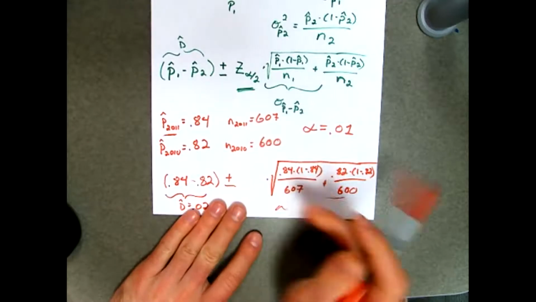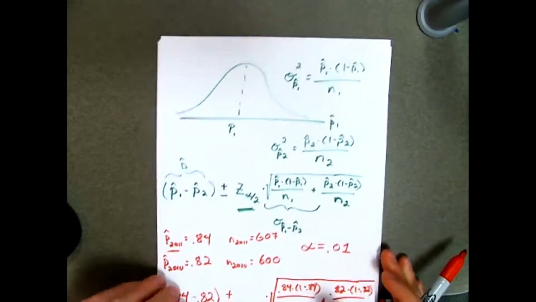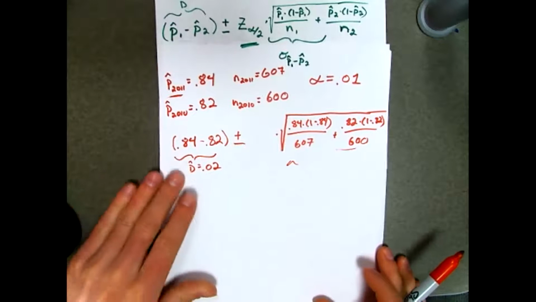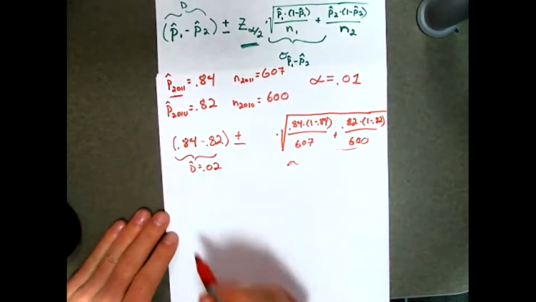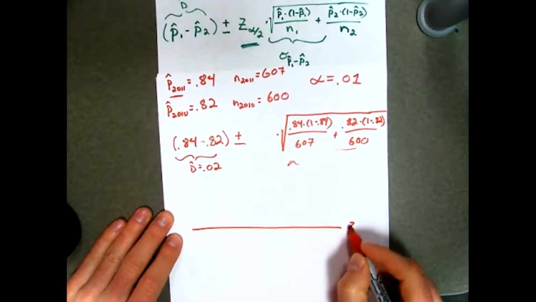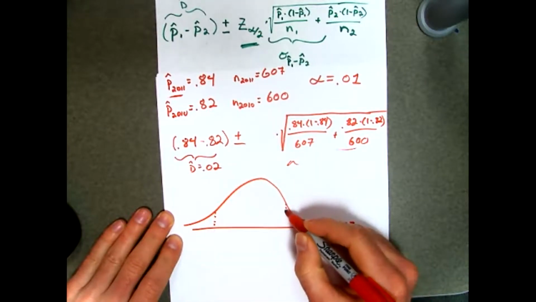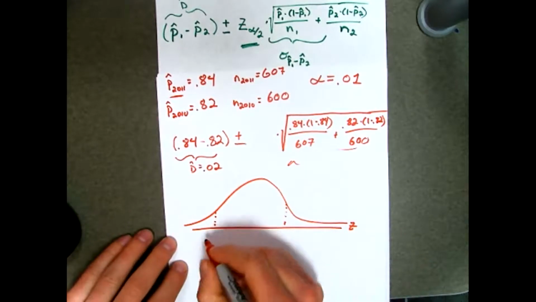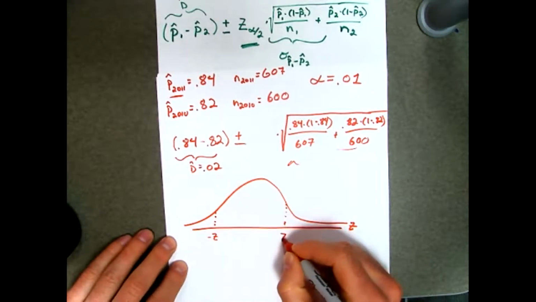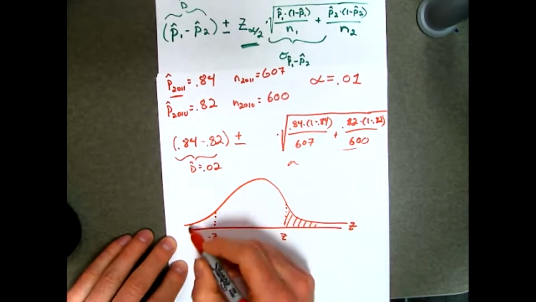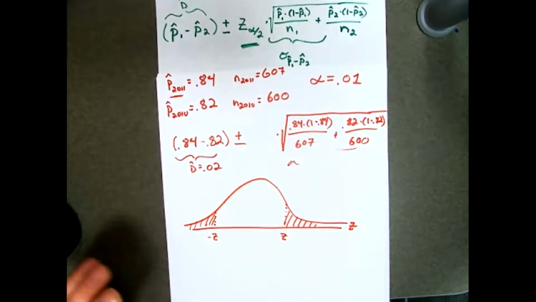So the only thing left I need to do is look up this Z value, right? It's going to be the Z value that gives me that desired alpha over 2 in each tail. So I want the Z value that gives me alpha total outside my interval, or in the tails.